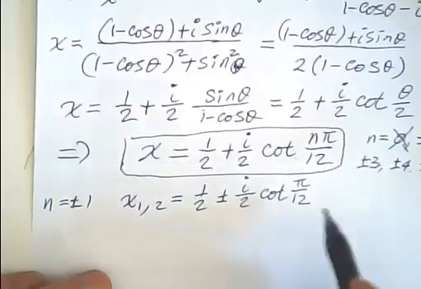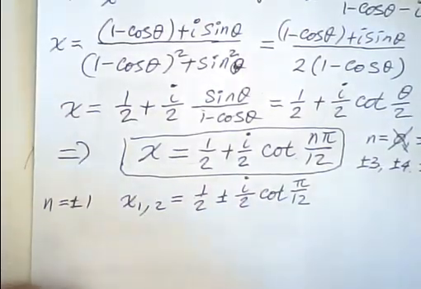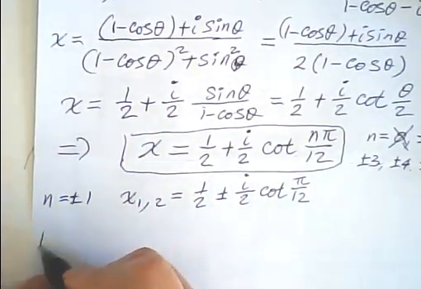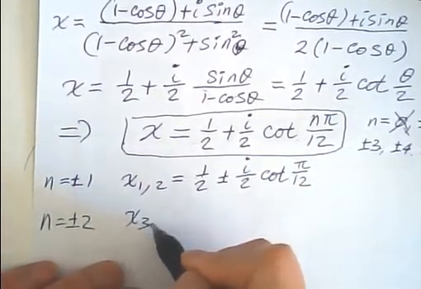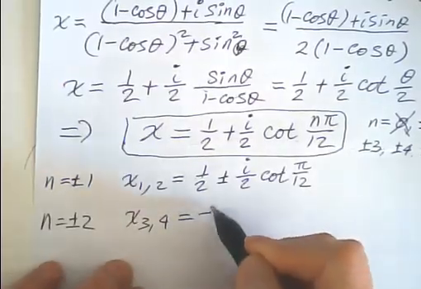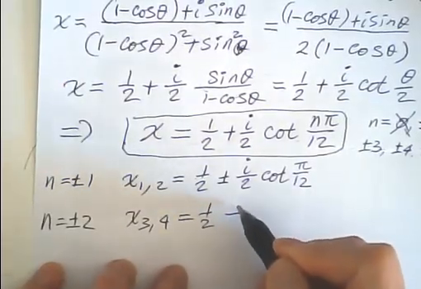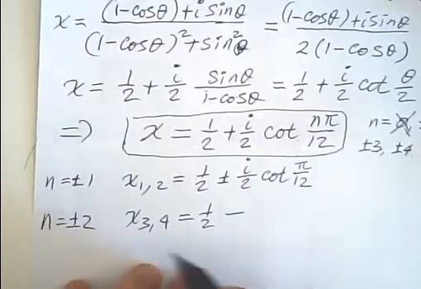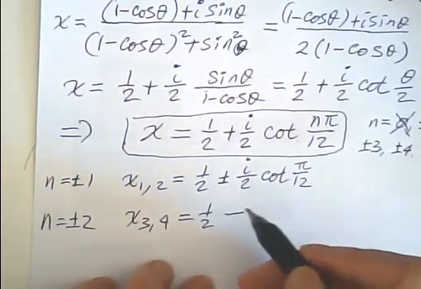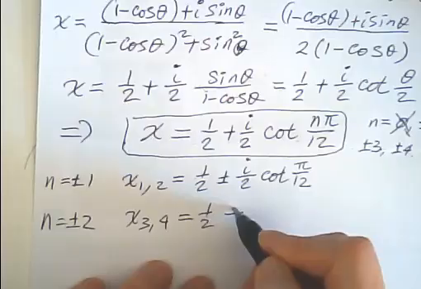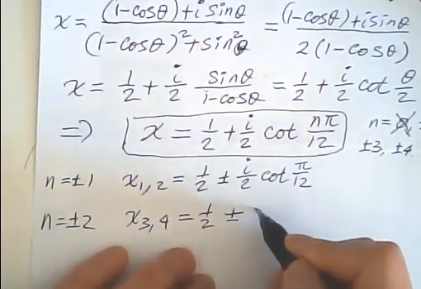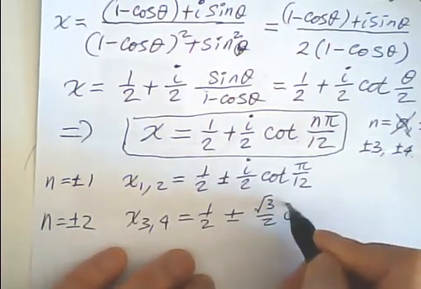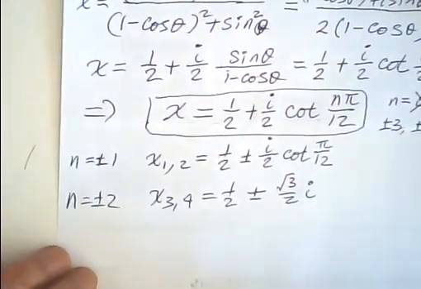Yeah, since this is not a nice number, I just leave it. And n equal to plus or minus 2, then x3, x4 is equal to 1/2 plus or minus root 3 over 2 i. Okay, so we find 2.